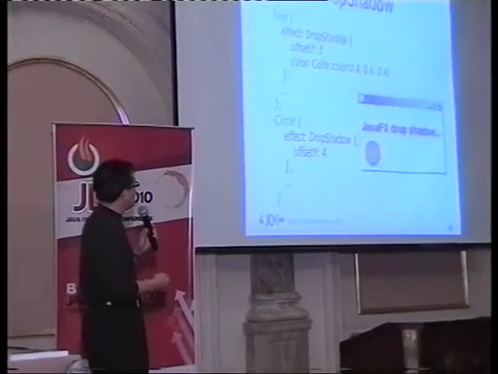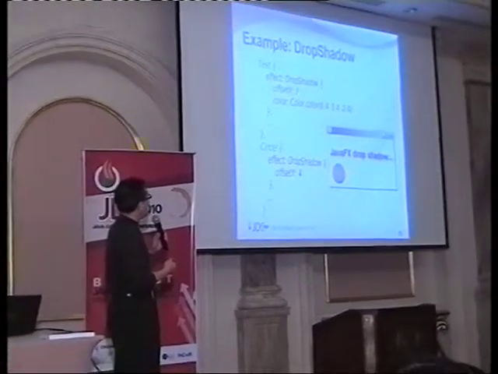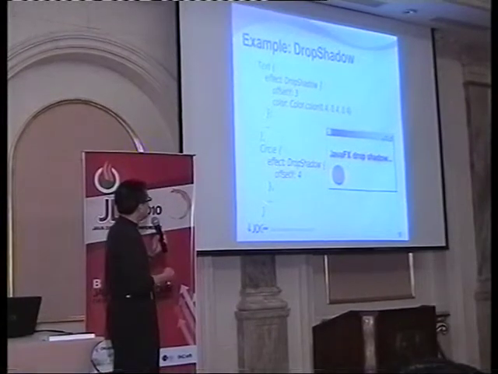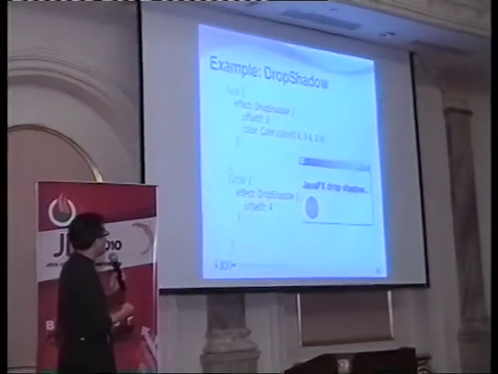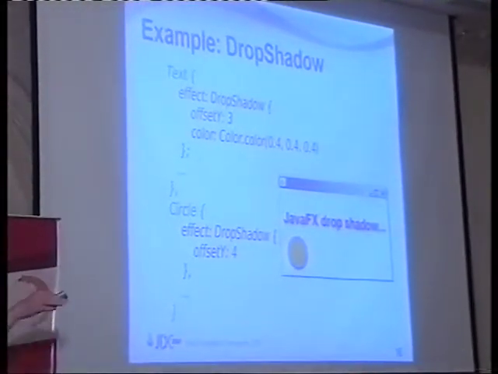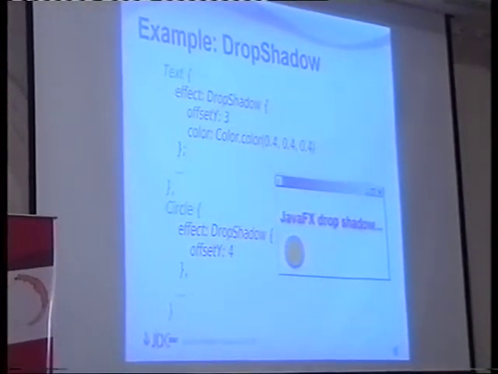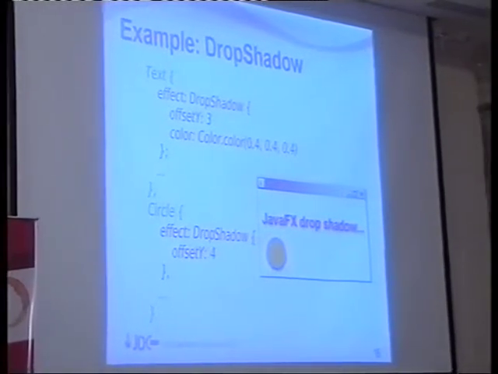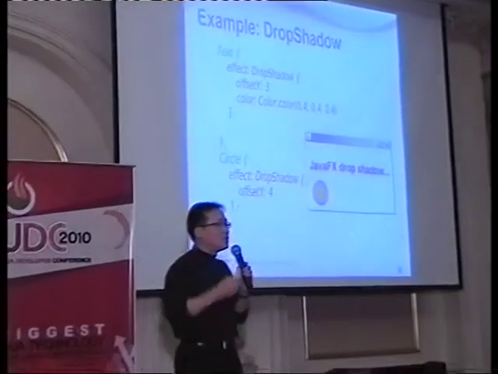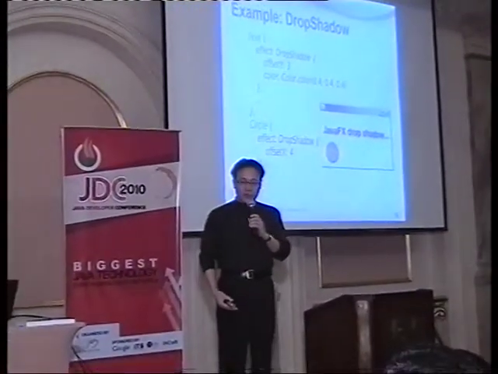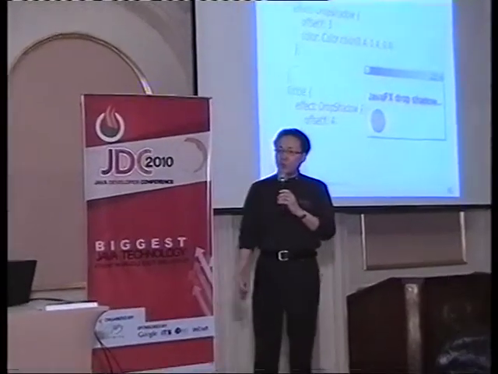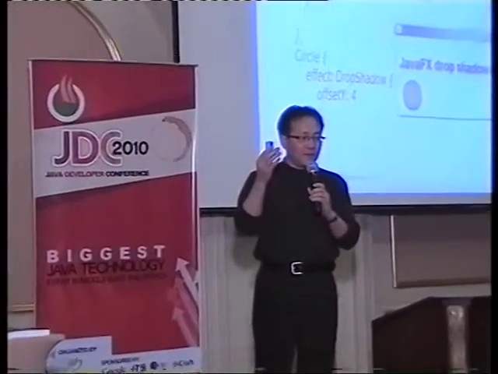So this is what you see. The offset Y is 3 and the color is this color. The circle is affected with a drop shadow offset Y of 4. It's basically where you start your drop shadow. If you don't specify other values, default values will be taken. If you want to change those, then you can specify different values.